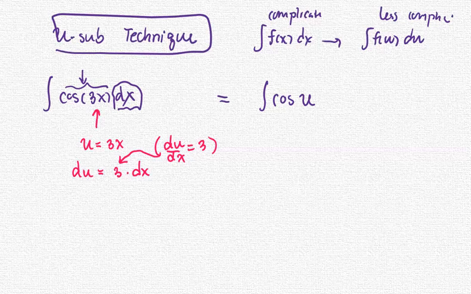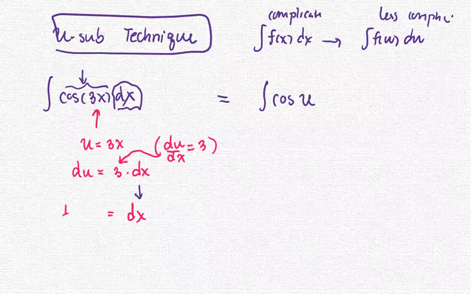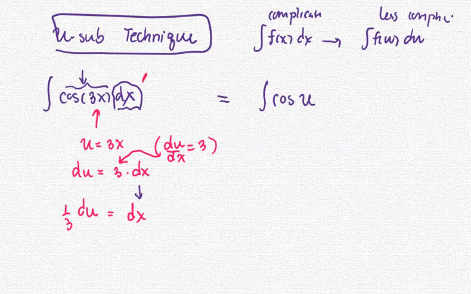For the dx term, you can work on the prep work here that I put on the side as du equals 3 dx. We can rewrite it as dx equals 1 over 3 times du, and then replace the dx with 1 over 3 times du, and put it back into the new integral form that's supposed to be all involving the variable u.